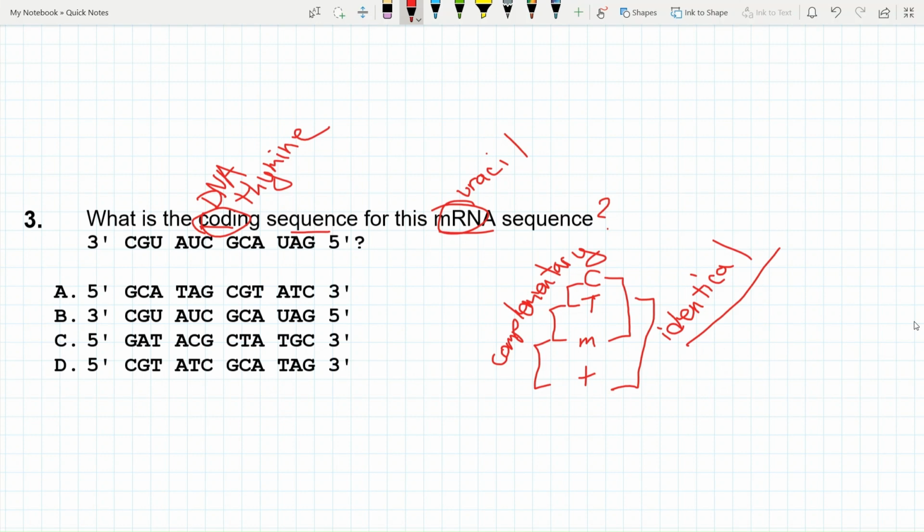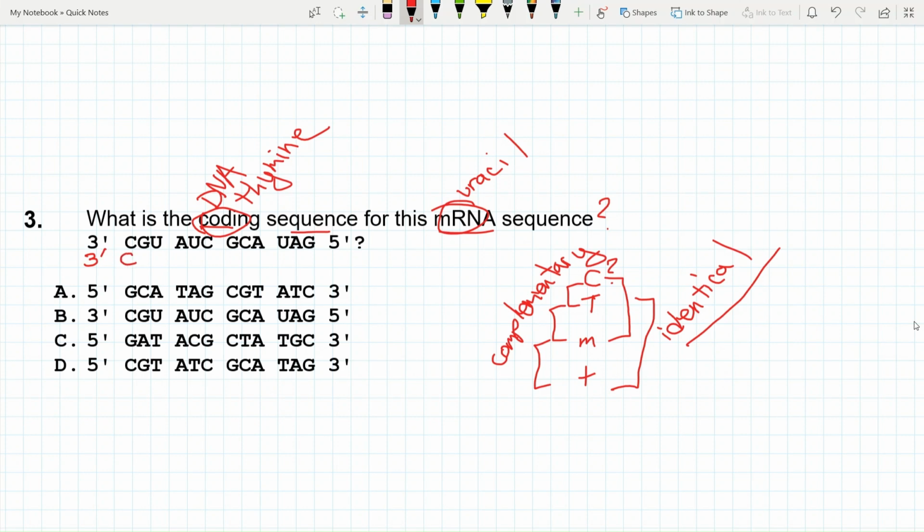And the only thing we really need to do is change the U's to T's. So we're solving for the coding DNA. We can put a little question mark because that's the one that we're solving for. And they give us the messenger RNA. The polarity will be the same. We'll have 3 prime.